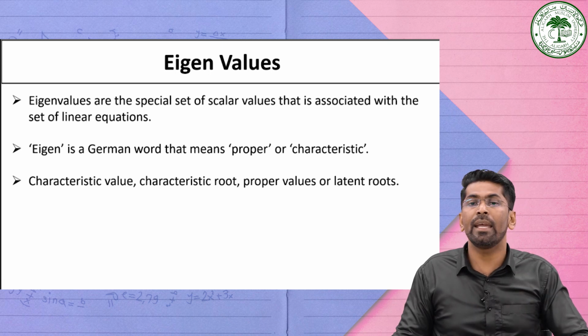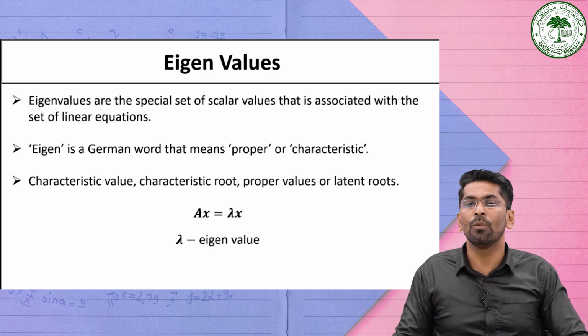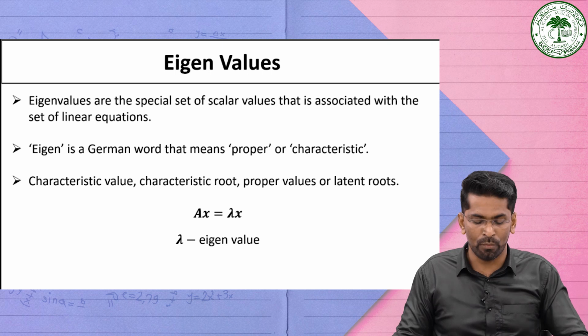So mathematically we can express the basic equation as Ax is equal to lambda x. Here A is the original given matrix, x is the eigenvector and lambda is the eigenvalue. So the scalar value lambda is representing the eigenvalue.